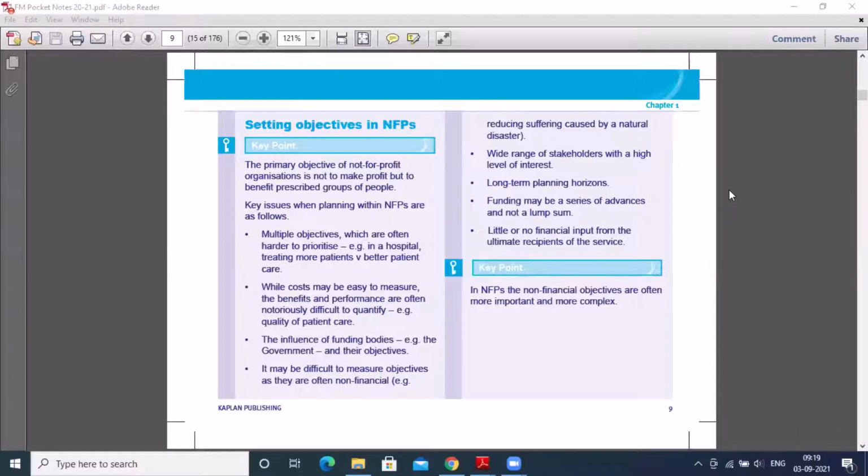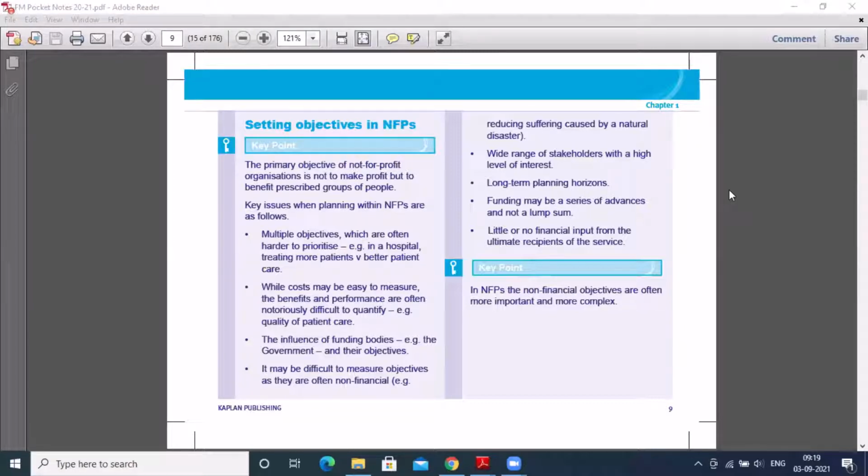So a wide range of stakeholders will be there in the not-for-profit organization, and very interestingly, they will have a high level of interest. Why a high level of interest? Suppose as a beneficiary I am getting a benefit from that organization, definitely my level of interest will be high. And even if I donate a single penny, let us assume I am donating $100 monthly to this sports complex, definitely I want to know how it is functioning.